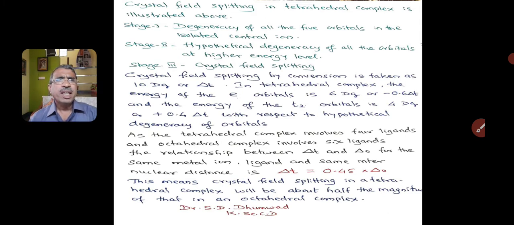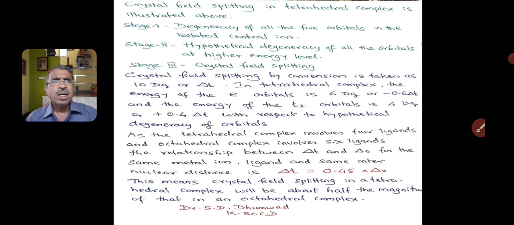Crystal field splitting in a tetrahedral complex is illustrated. In the first stage, all 5 orbitals are degenerate in the isolated central ion. In the second stage, there is hypothetical degeneracy of all the orbitals at a higher energy level. In the third stage comes the crystal field splitting, as I have shown in my previous slide.